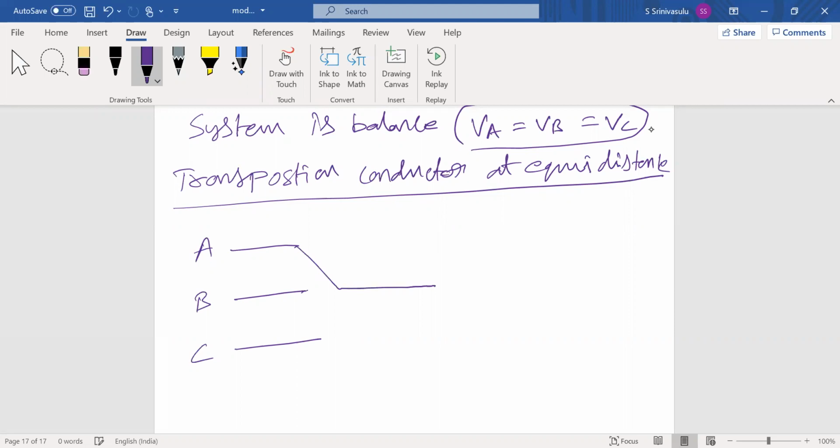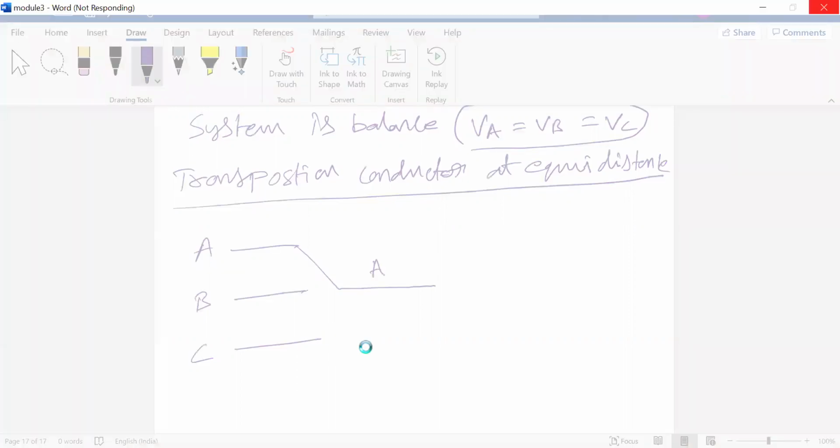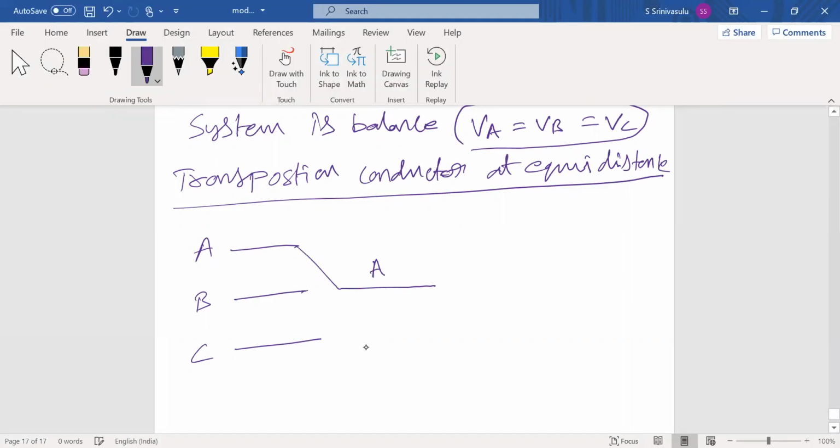The B position can be occupied by the preceding phase, that is the A phase. The C position is occupied by the preceding phase, that is the B phase. The A position is occupied by the preceding phase, which is the C phase.